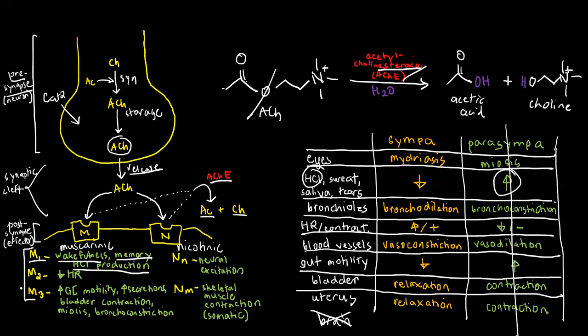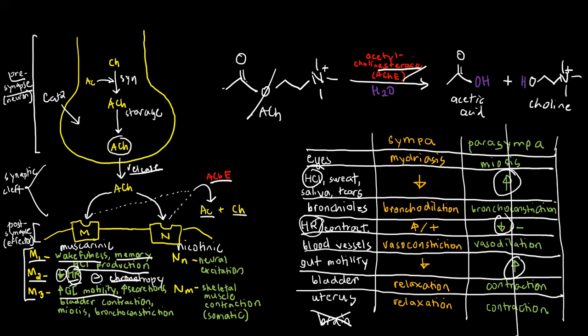So there's that. For M2 activation, we have decrease in heart rate, which is here. Sometimes the technical term for heart rate is chronotropy, because rate is related to speed, right? Time, and chronos is the prefix meaning time. If it's going down, then we say negative chronotropy. If it was going up, that's positive, but here it's negative. For M3, it actually takes a lion's share of the parasympathetic effects, as you can see.